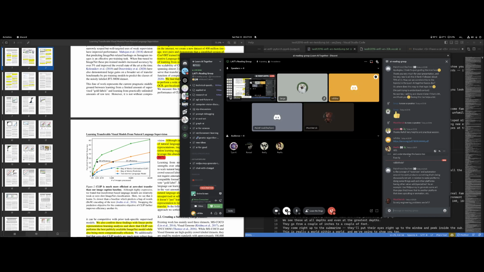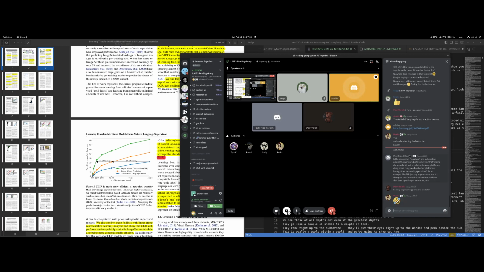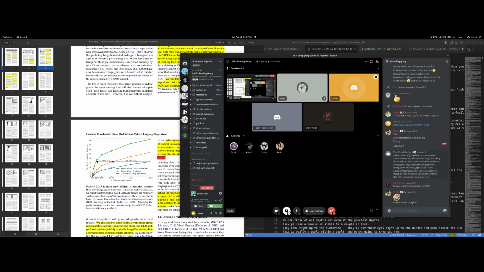Yeah, that was interesting from OpenAI, if you ask me, because their name is OpenAI. They would like to make the AI open to everyone, so it's a bit interesting to see them not release GPT-3 and ChatGPT.